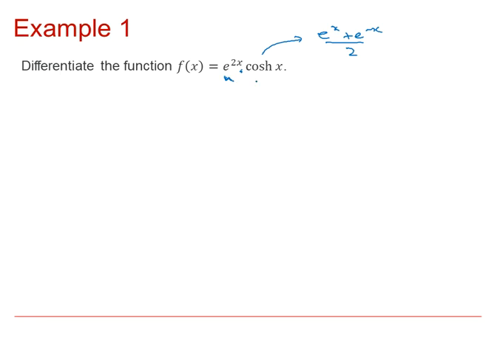So we've got u and v, and I'm going to do f dashed x using a product rule. So we've got differentiate u using the chain rule, leave v, plus leave u, differentiate v, and if you differentiate cosh, we now know that we get sinh x.